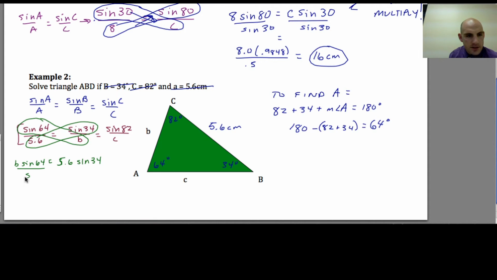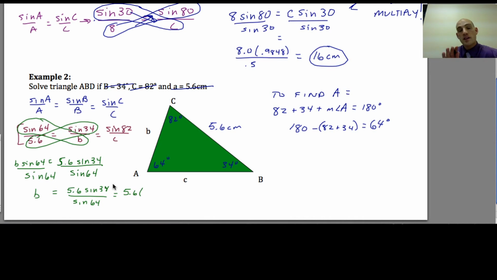When we divide by sine of 64, B is equal to 5.6 sine 34 over sine of 64, which gives us 5.6. And these are all decimals.